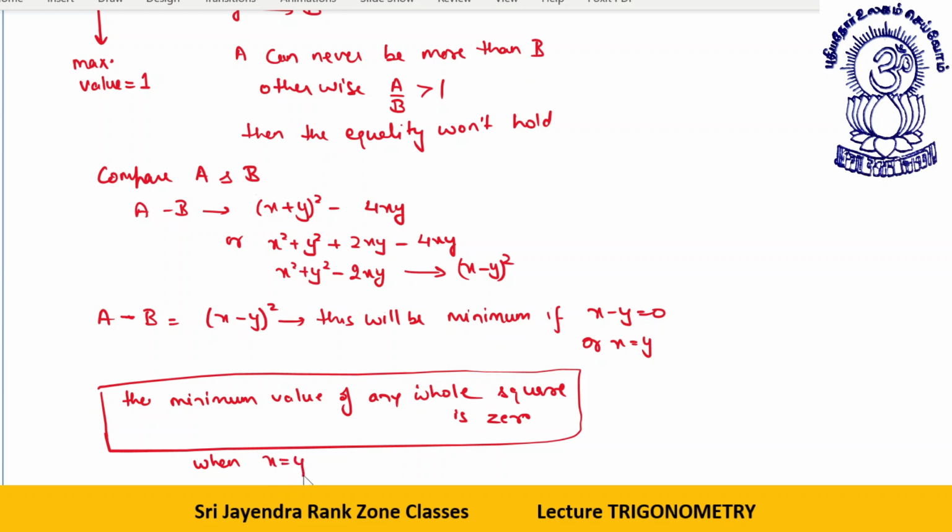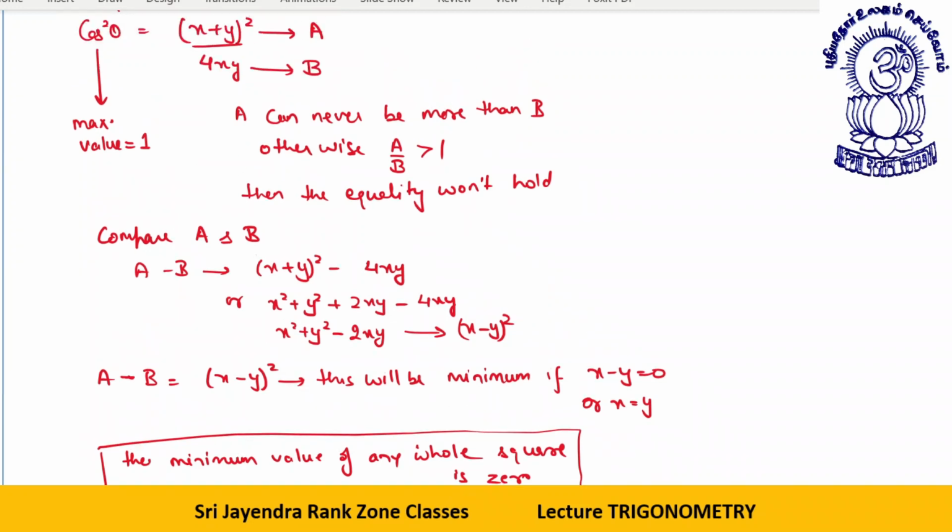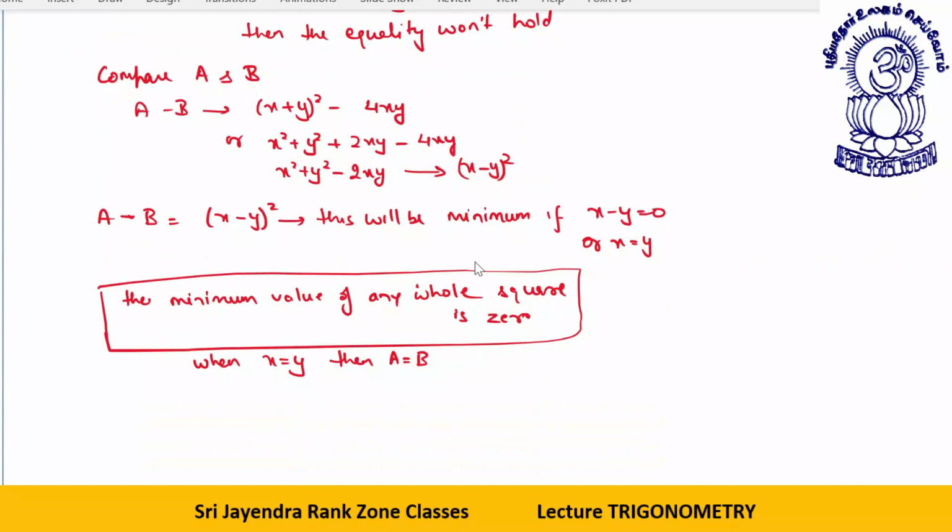So when x is equal to y, then A is equal to B, and let's look at the RHS. Then the RHS, that is A by B, is equal to 1.